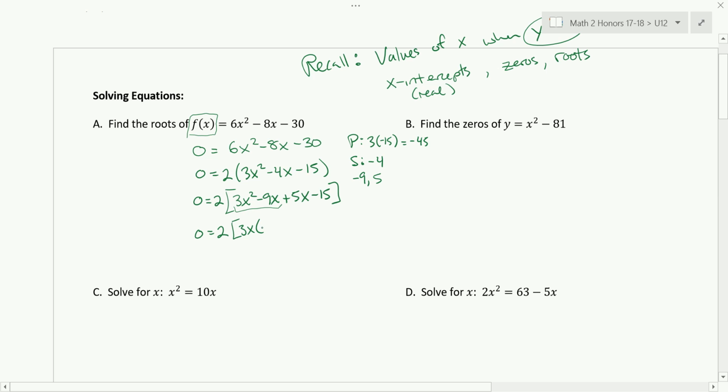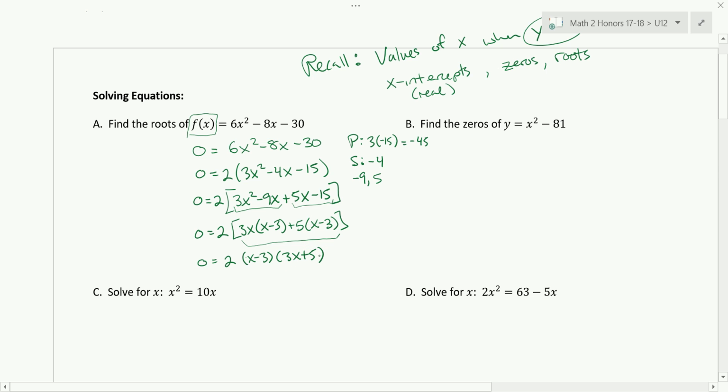And I'm left with an x minus 3. Out of the last 2 terms, I'm going to factor out a 5. I'm left with an x minus 3 again. And then one more time, I could factor an x minus 3 out of both those pieces and get 0 is equal to 2 times x minus 3 times 3x plus 5.